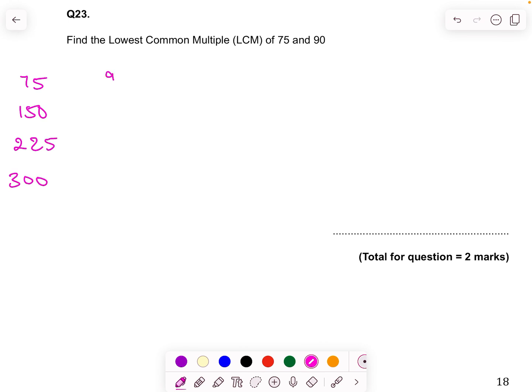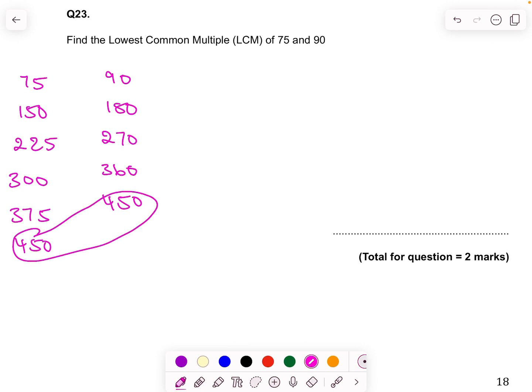Do a 90 times table: 90, 180, 270, 360, still not matching, 450, so we carry on here, and then 450, so it matches here. So the answer is 450.